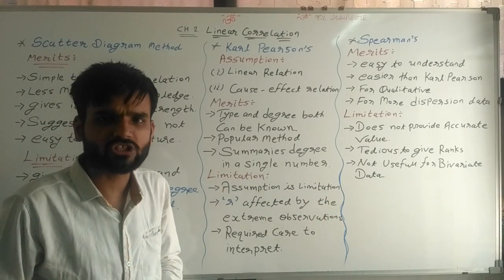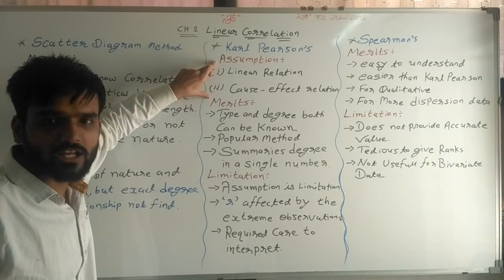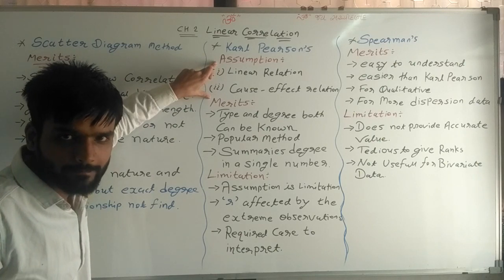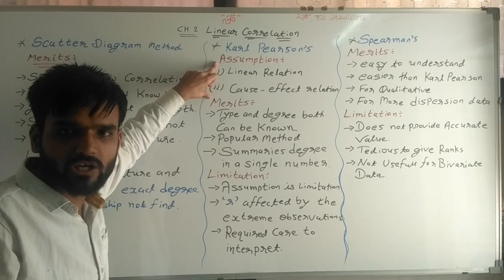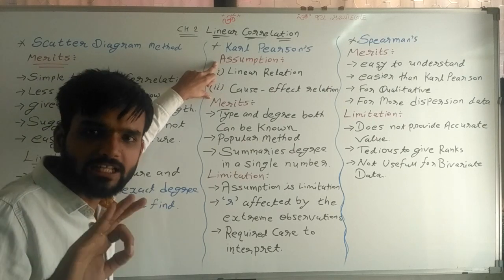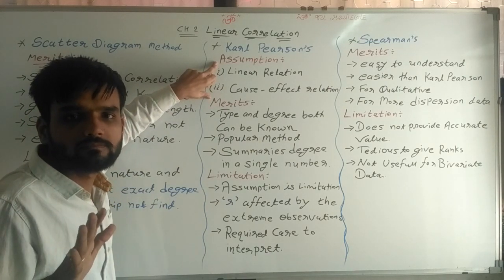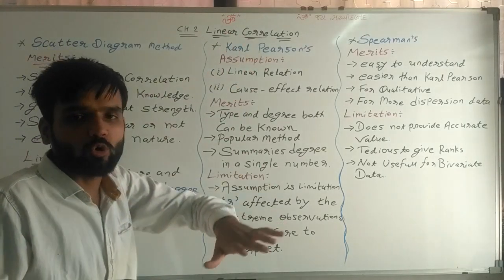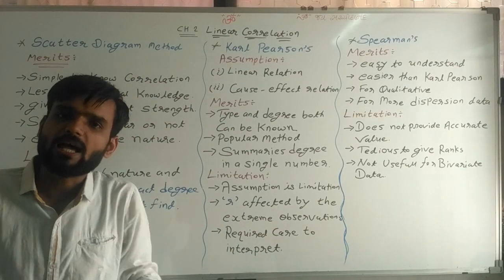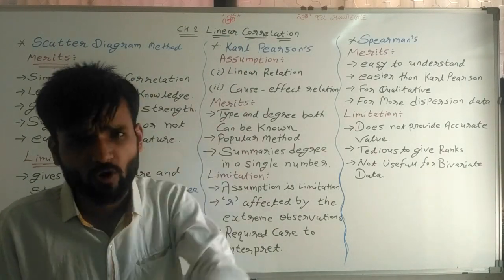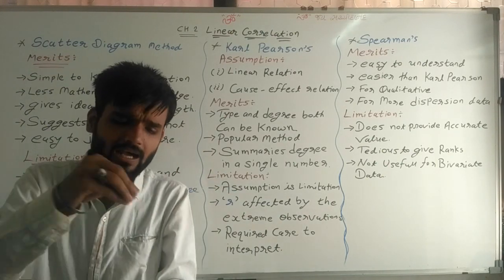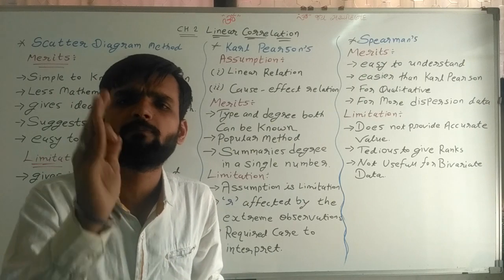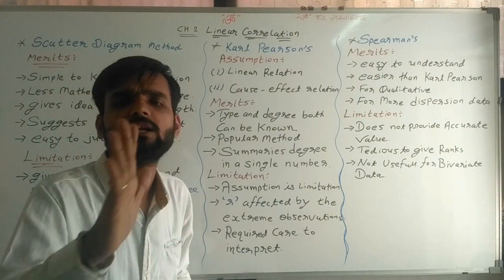Now assumption is limitation means what? If these 2 conditions are not satisfied, then Karl Pearson's correlation coefficient is not applicable. If you are applying that formula, then you can find the sum, you can find the answer. But that answer is not giving proper result.